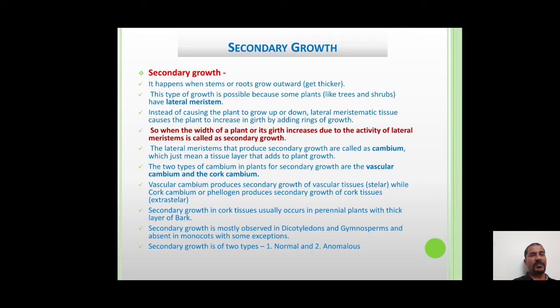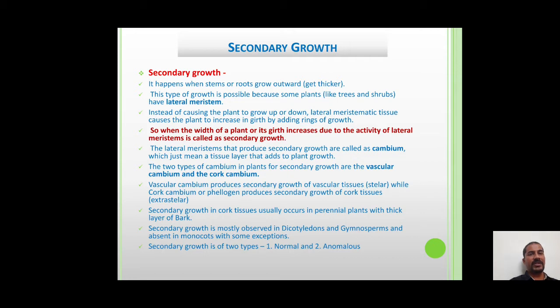Instead of causing the plant to grow up or down, that means in length, the lateral meristematic tissue causes the plant to increase in girth by adding rings of growth each year.